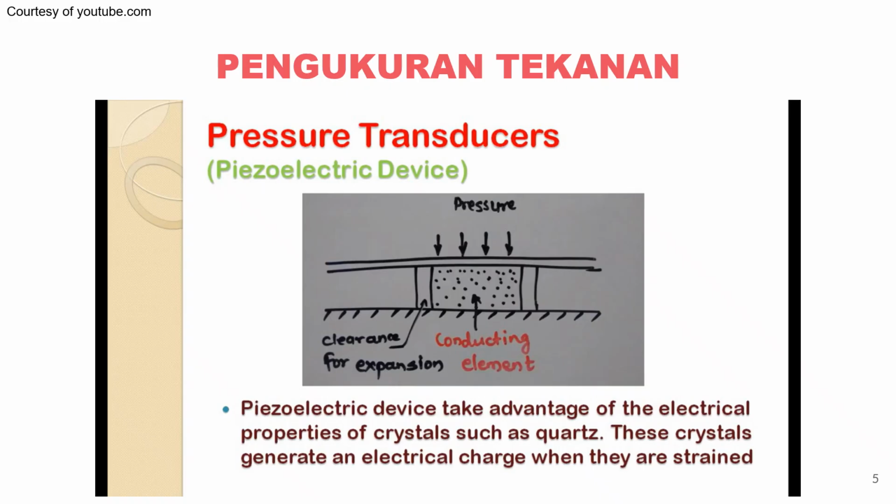So these crystals are arranged in one conducting element, and when the pressure to be measured is allowed to strain this conducting element, some charge gets generated in the conducting element, and this charge is proportional to the strain which occurred due to the applied pressure. So in this way we can measure the pressure using piezoelectric devices.